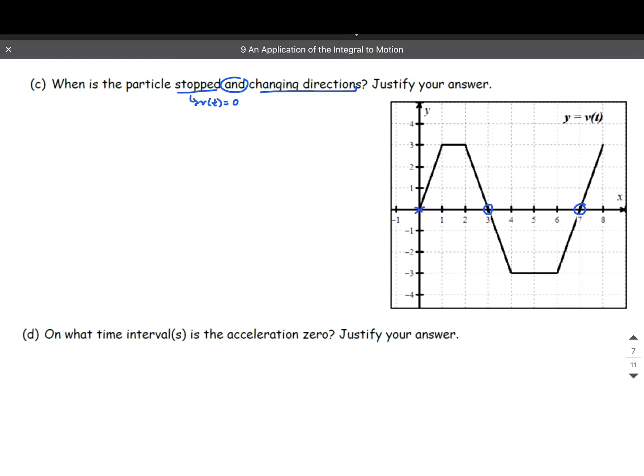So here we go. Because again, it says justify, be very careful and specific.